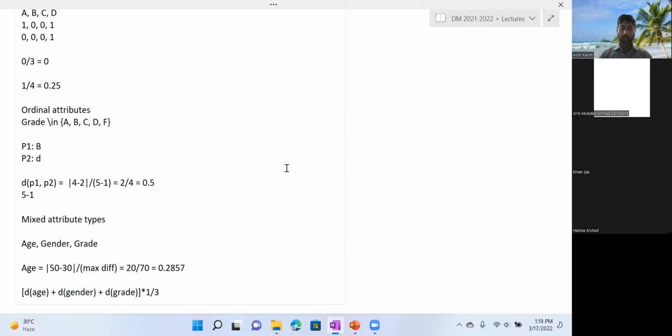Compute similarity for each attribute separately. Make sure it is normalized. This is very important because otherwise one attribute cannot be compared with the other attributes. One value might be very large, the other value might be very small. So make sure they are normalized. Then you simply take the weighted average, or simple arithmetic mean if you don't have different weights for different attributes.